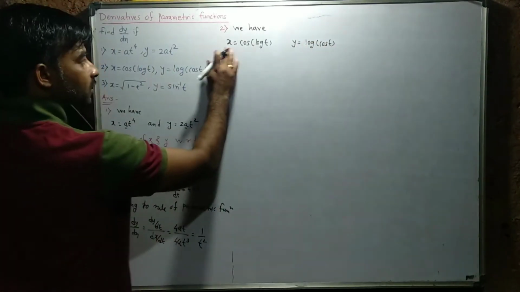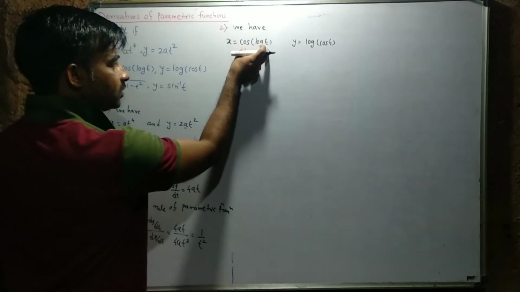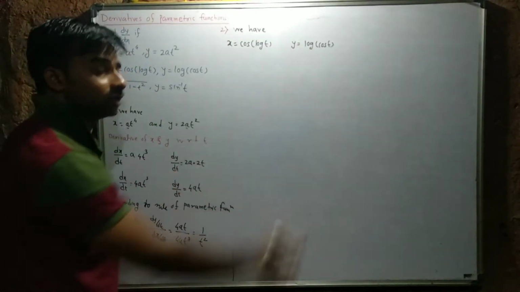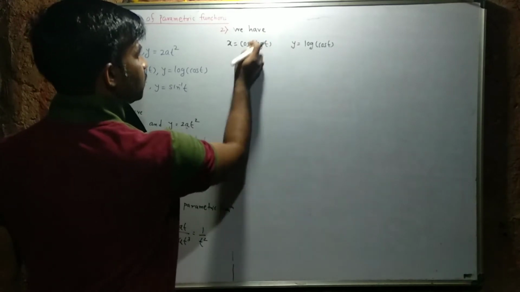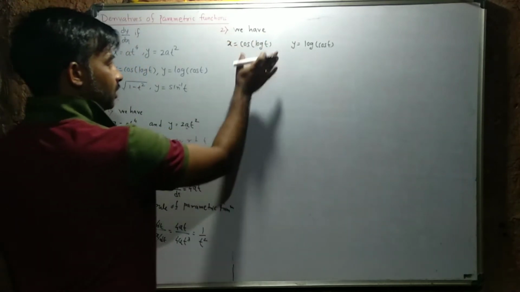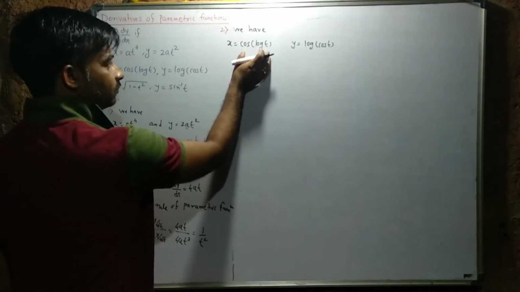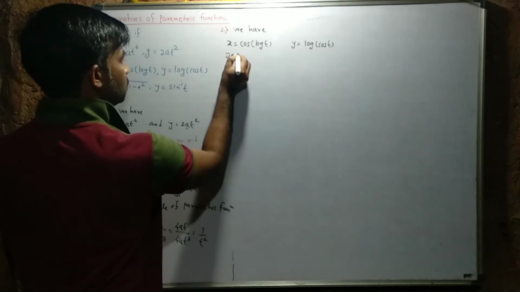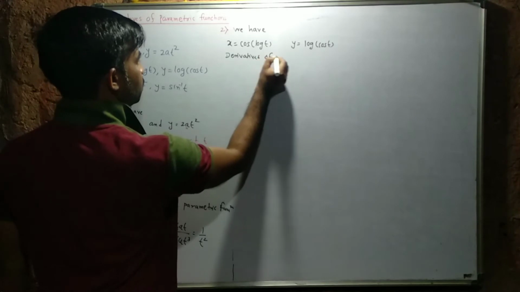That means here x is a function of t and y is a function of t, and this one is nothing but a composite function, because the standard function is cos x. Right now here x has the value log t, and therefore as per standardization this function is a composite function of t, and therefore we take the derivatives of x and y.